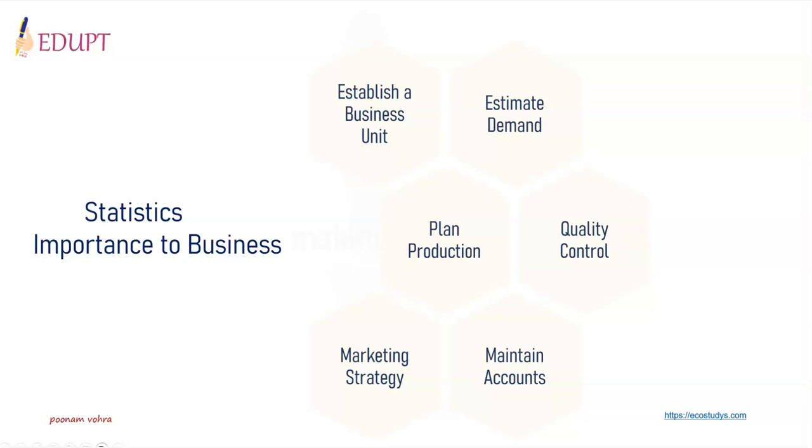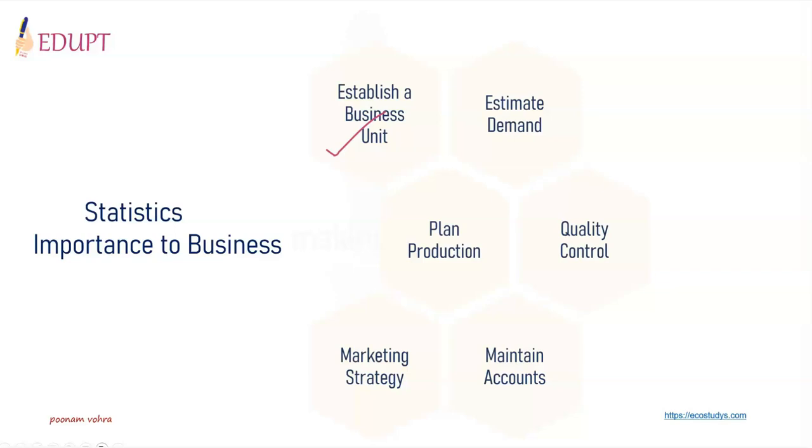Statistics are important for business because of various reasons. First and foremost, when a business unit is established, one needs to conduct feasibility studies for which data is required. It involves detailed location information, size of output, availability of inputs, taxes, market share, estimated turnover, and so on. Statistics provide guidelines that are helpful in decision making.